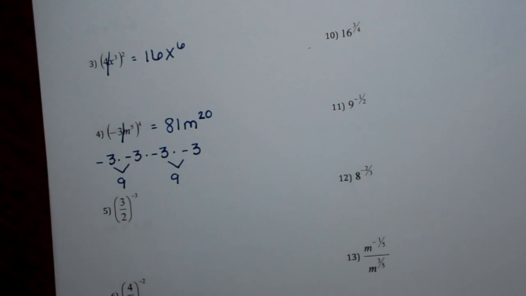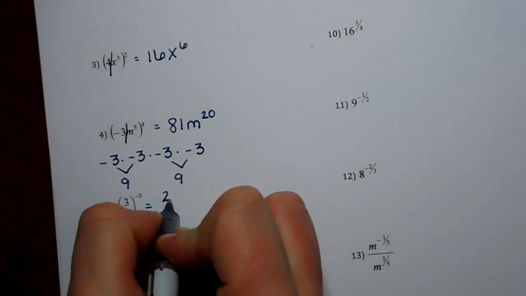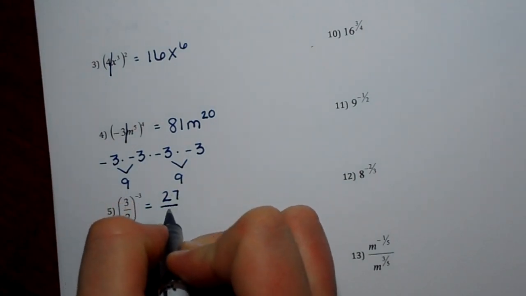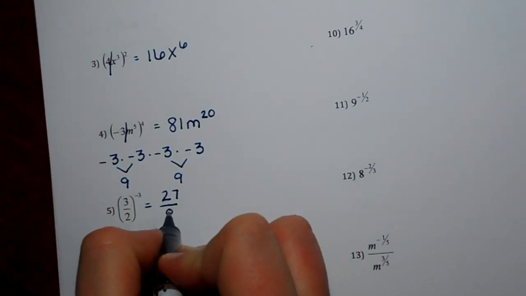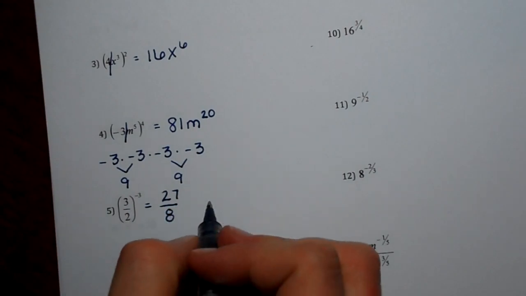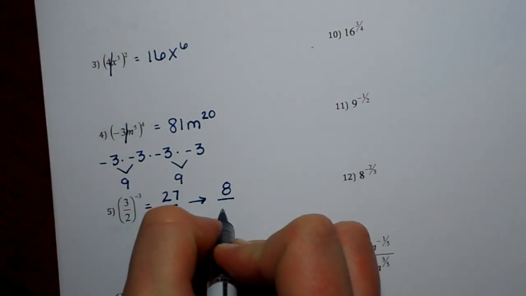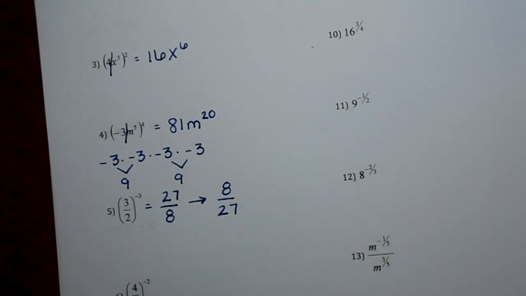And remember, when I say to the power of, that does not mean just to do 3 times 3 and 2 times 3. 3 to the power of 3 is 3 times 3 times 3, which is 27. And then 2 to the power of 3 is 2 times 2 times 2, which is 8. Now we have to go back and think about what that negative exponent would do. With a fraction, a negative exponent is going to make the bottom number move to the top and the top number move to the bottom. Basically, it's going to flip your fraction over, and it'll become 8 over 27. And that's it.